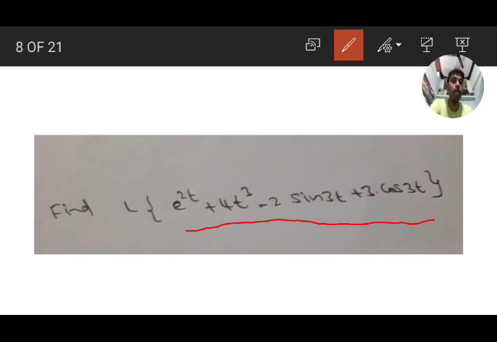So by the linearity property we divide it into the Laplace transform of the first function, Laplace transform of the second function, Laplace transform of the third function, plus Laplace transform of the fourth function.